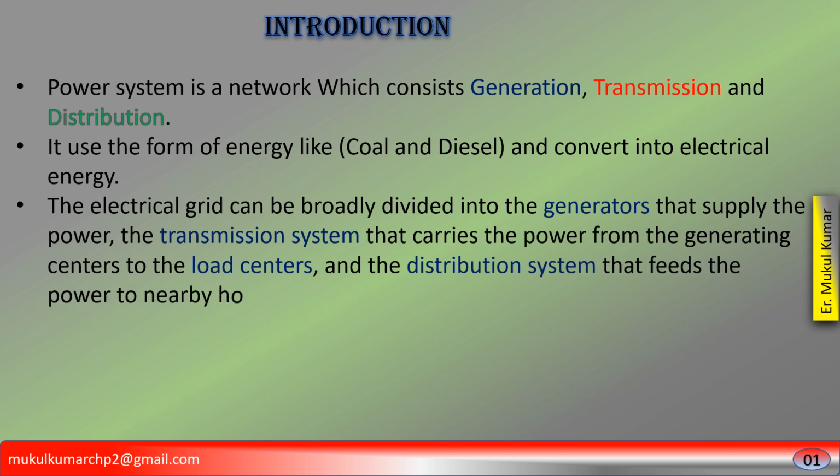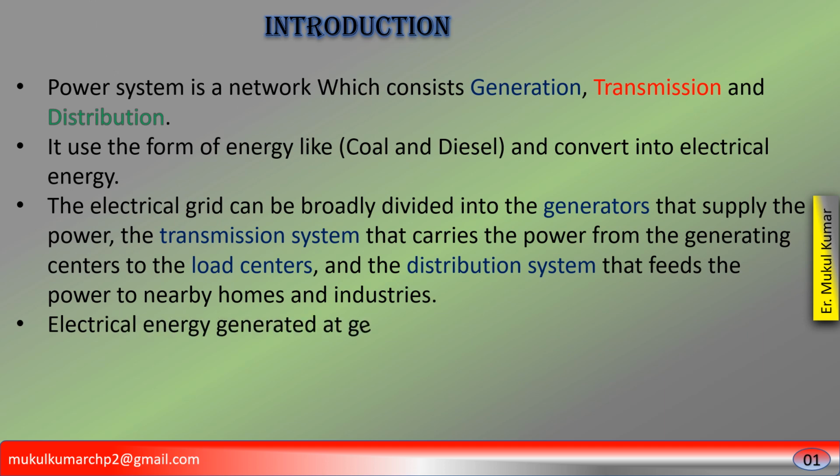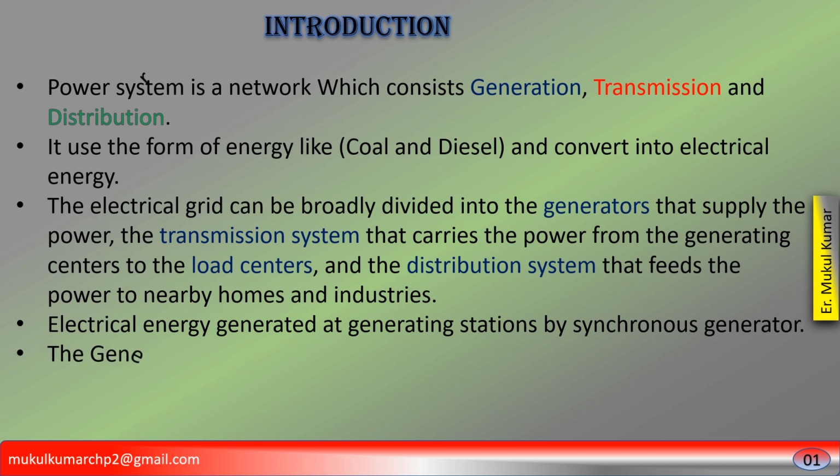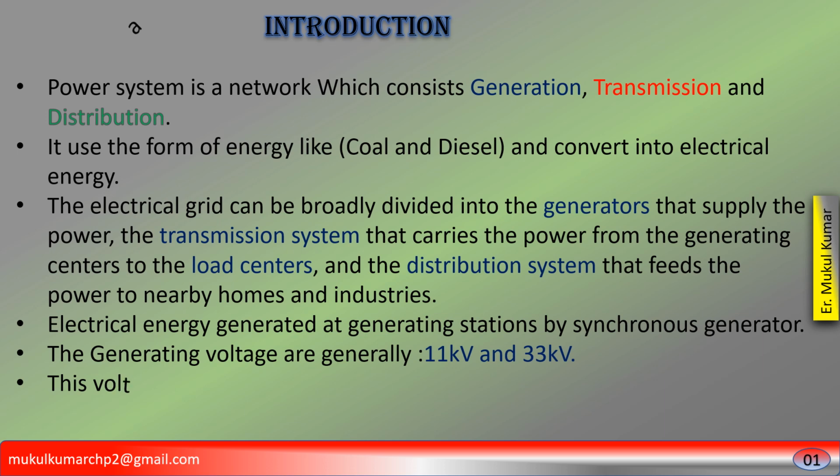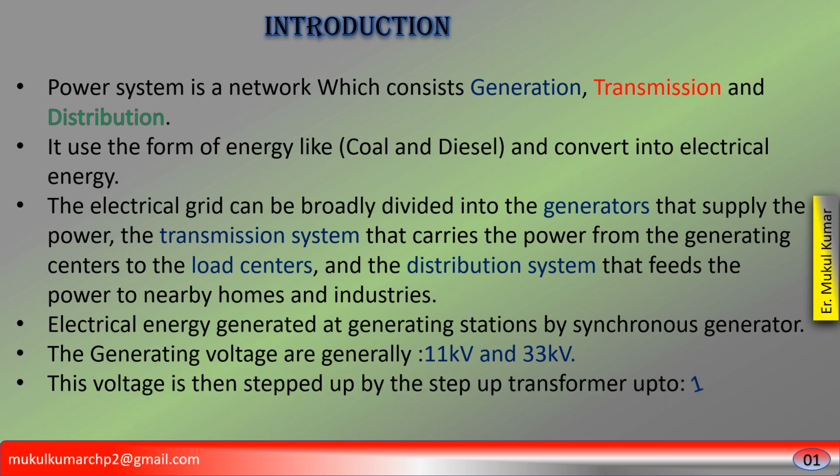Transmission carries the power from the generation side to the load side. And the third one is distribution, which feeds the power to nearby homes and industries.